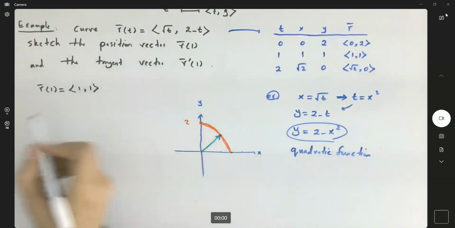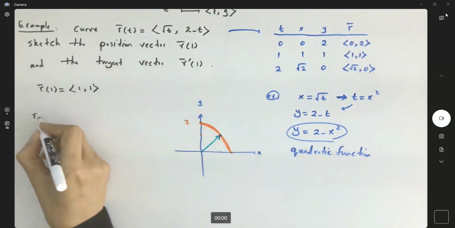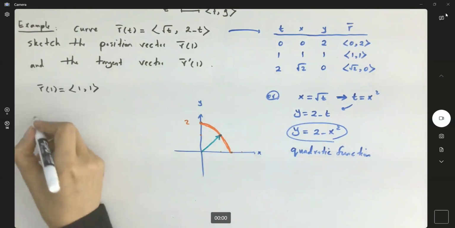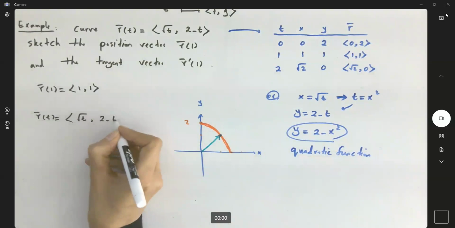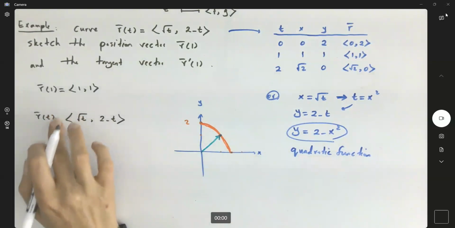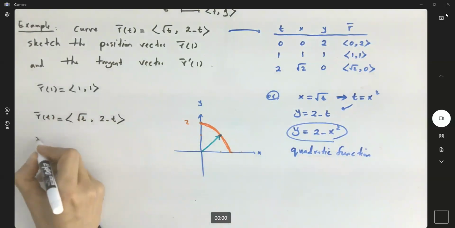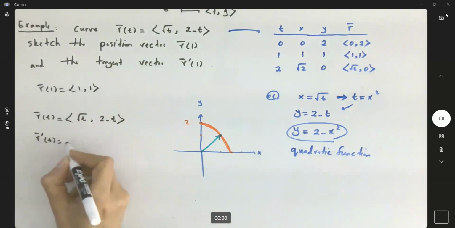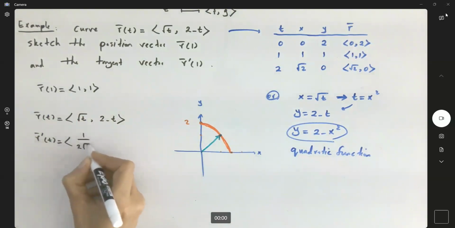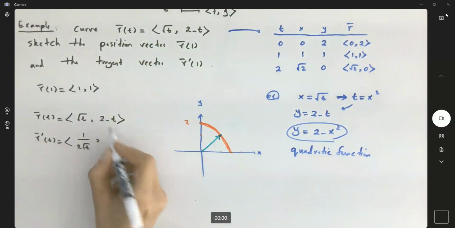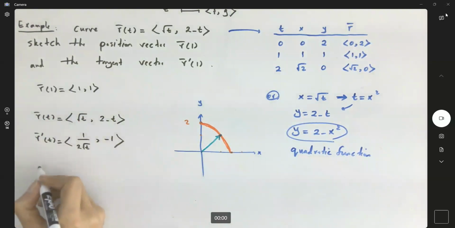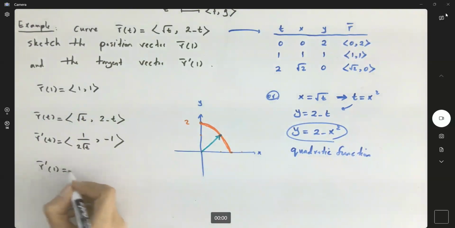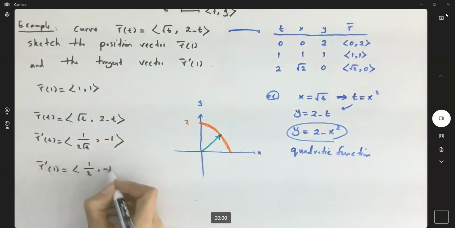So we need to take the derivative of R, since R is defined as square root of t and 2 minus t, and both of these are differentiable functions. So you can just directly take the derivative, which gives you 1 over 2 square root of t, and here you have negative 1. Very good. So R prime at 1 is equal to a half and negative 1.